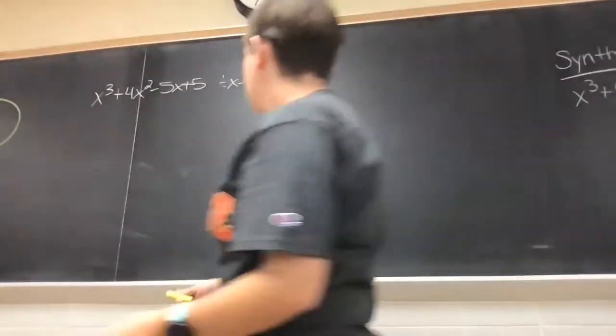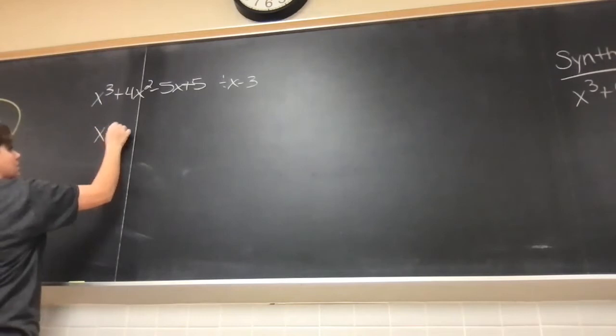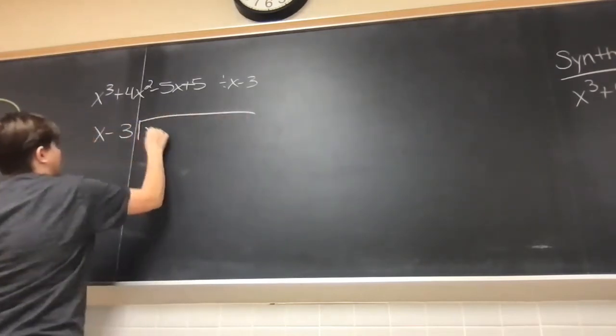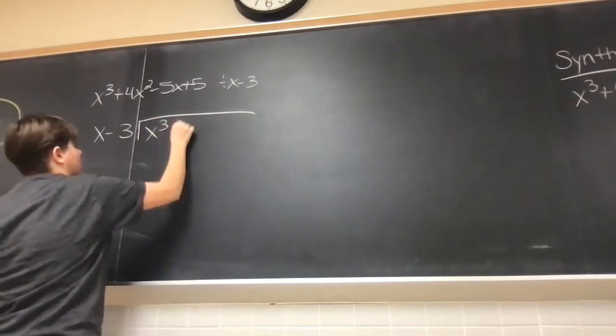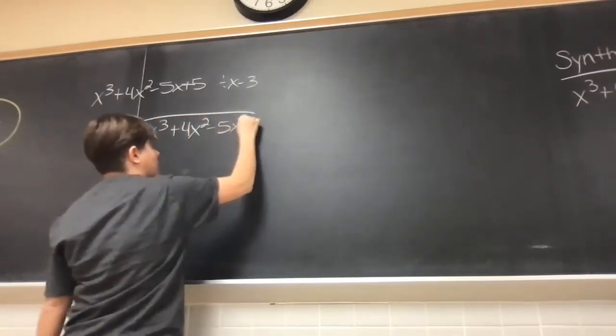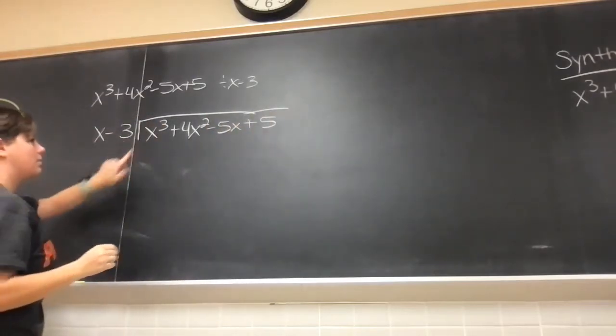Okay, this one, we have x to the third plus 4x squared minus 5x plus 5. So this one, I don't need a placeholder. Everything is totally okay. So I have x minus 3. And I'm dividing x to the third plus 4x squared minus 5x plus 5. So I need x to go into x to the third.